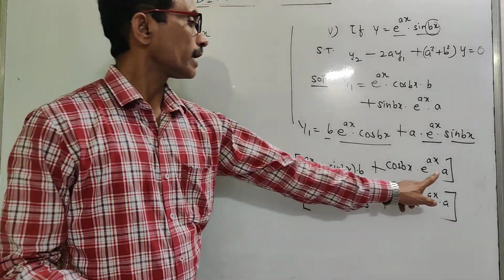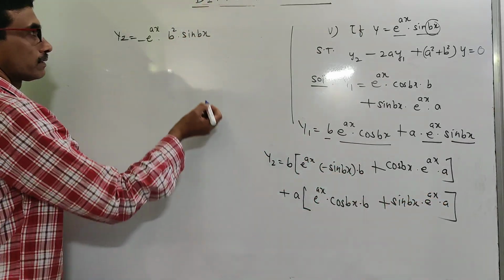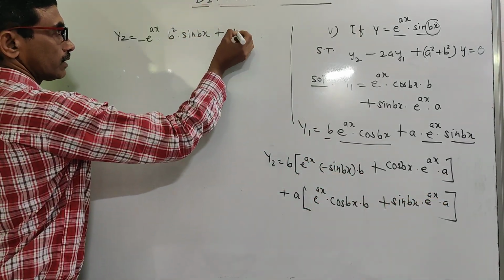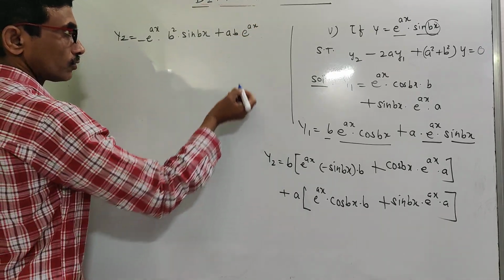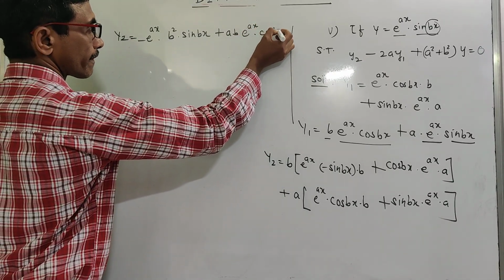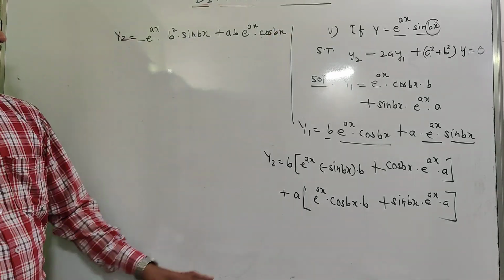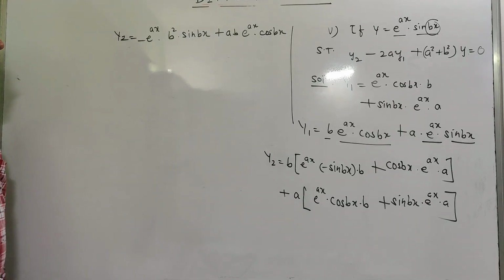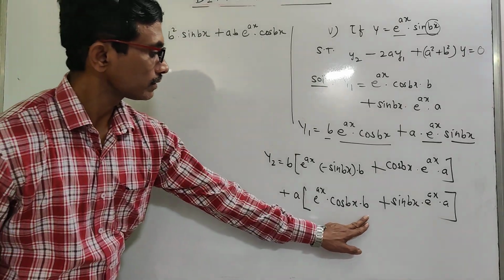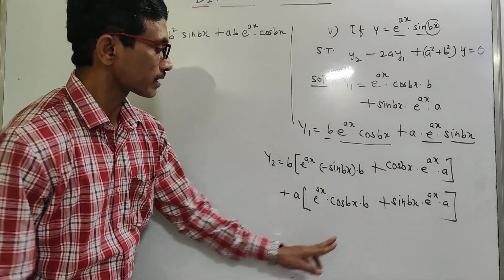This b is multiplied here, ab plus ab e raised to power ax into cos bx, then here you multiply a into b, so a into b e raised to power ax cos bx.